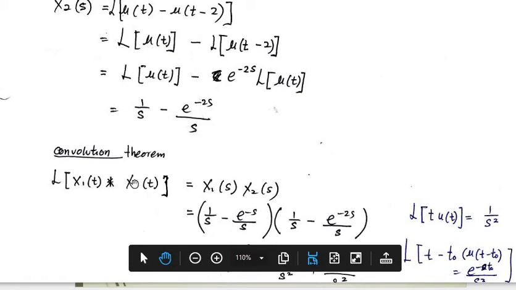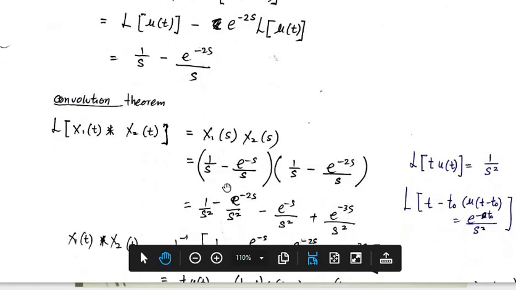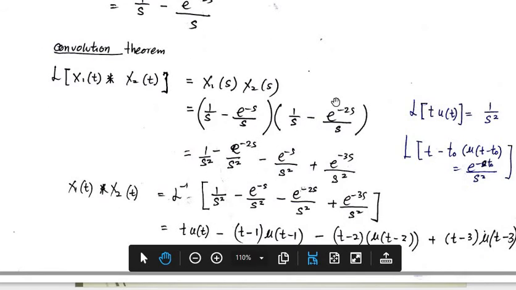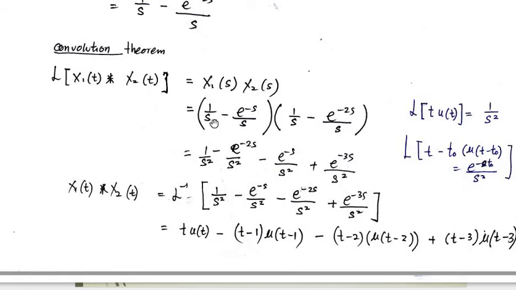So by the convolution theorem, again, x1 and x2 multiply, so X1(s) multiplied with X2(s). These two multiply: you get 1 over s squared. Then this one multiplied with exponent negative 2s over s gives exponent negative 2s divided by s squared.